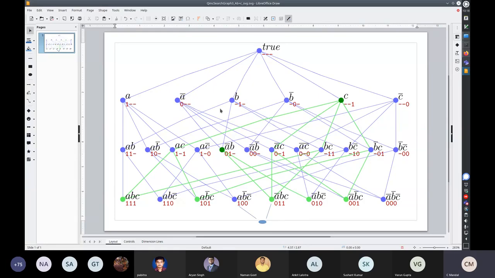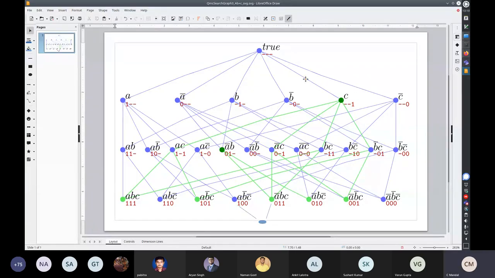So this one is presumably a completely specified function. That means you don't have any don't care elements in this. This is completely specified. Now if you take all the nodes and edges together, that corresponds to the complete stone construction of this entire lattice.